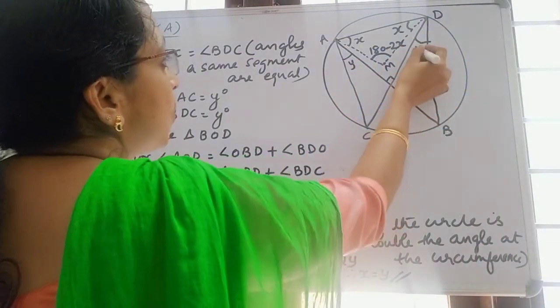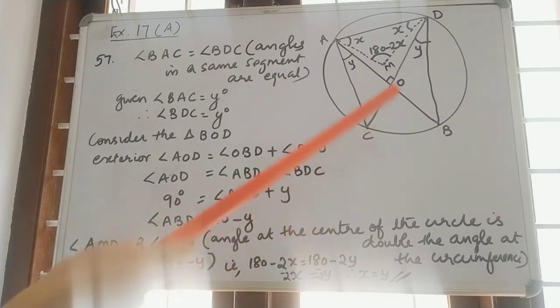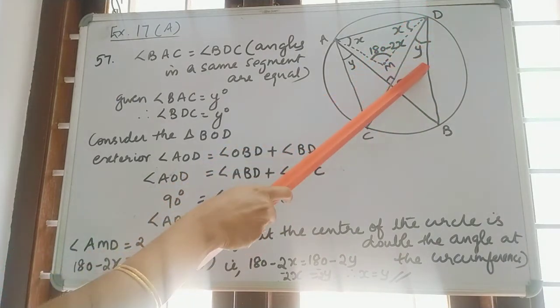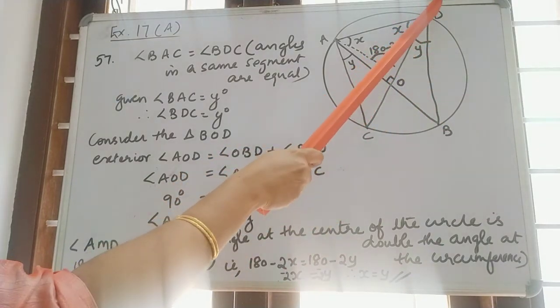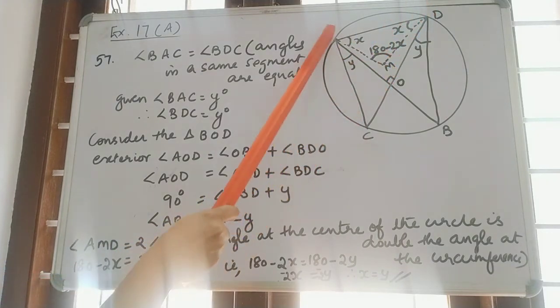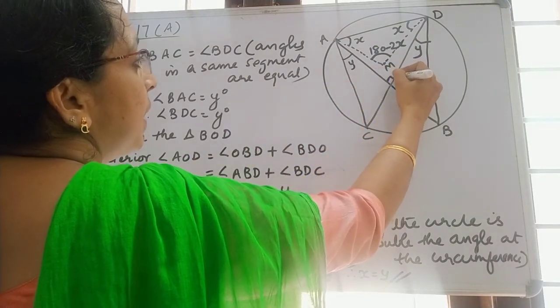Consider triangle BOD, this triangle. If you are considering triangle BOD, exterior angle AOD will be 90 degrees, no?